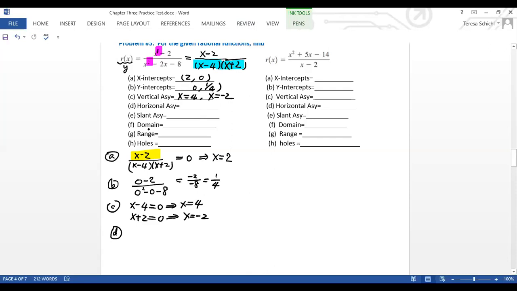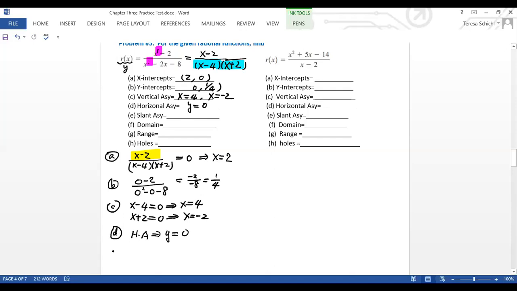The denominator's degree is higher, so the function approaches zero. The horizontal asymptote is y equal to 0.